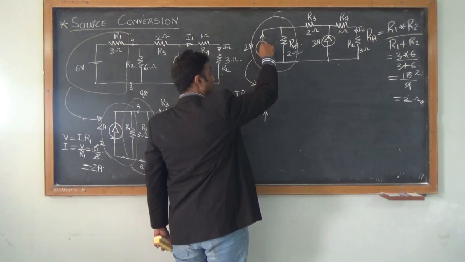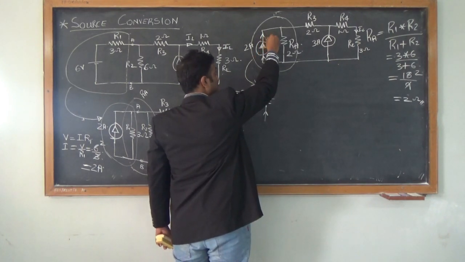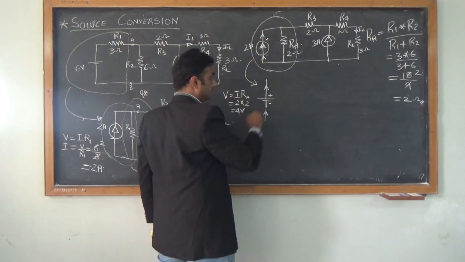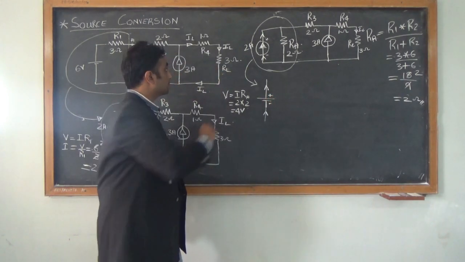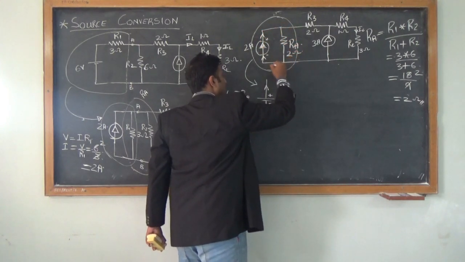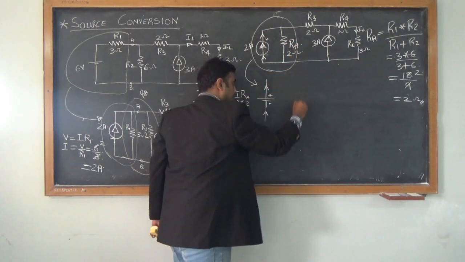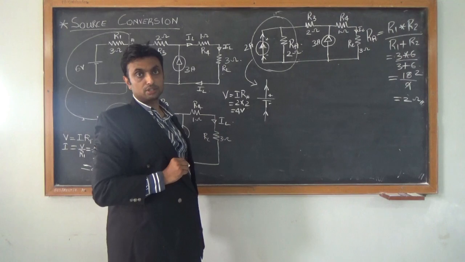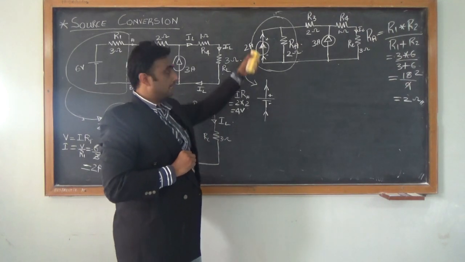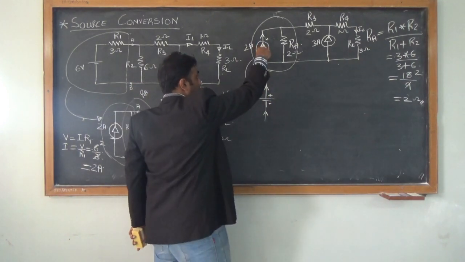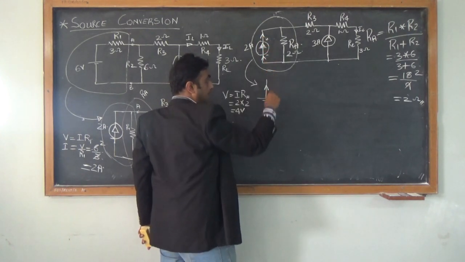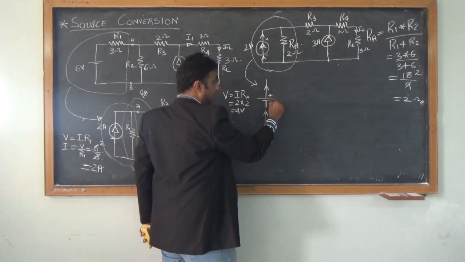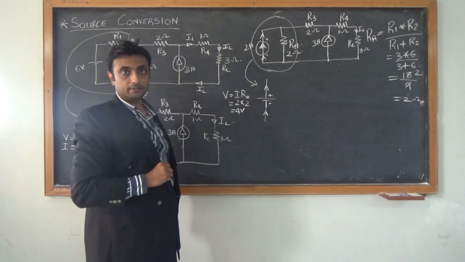So if the arrow is pointing upwards, this is positive, this is negative. In the same way, this is positive, this is negative, because current moves from positive to negative. And vice versa: if the arrow was down, then this would be negative and this would be positive.